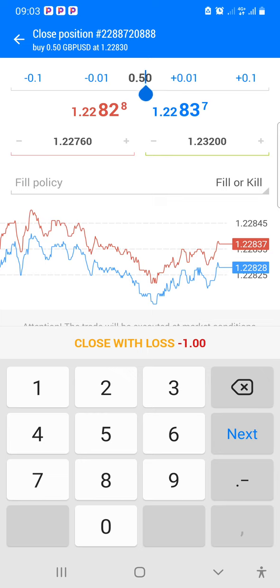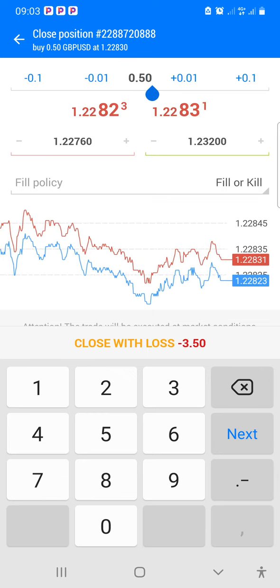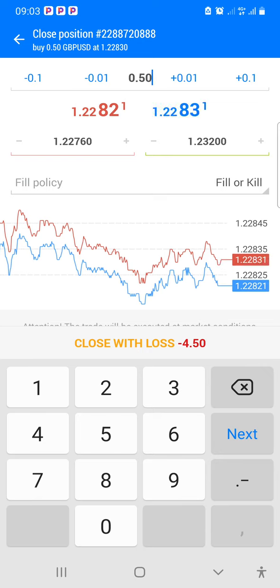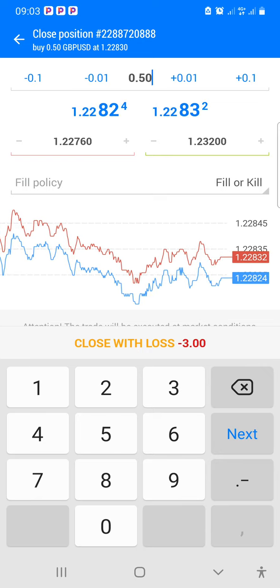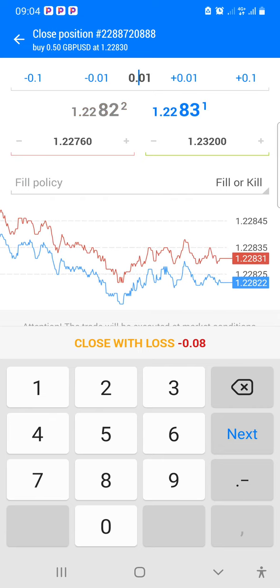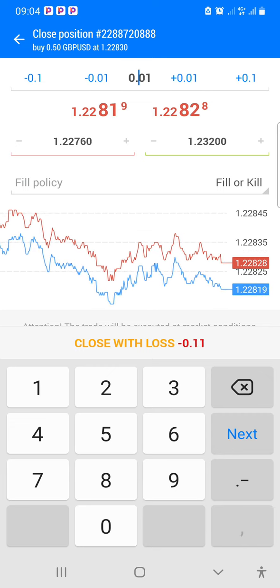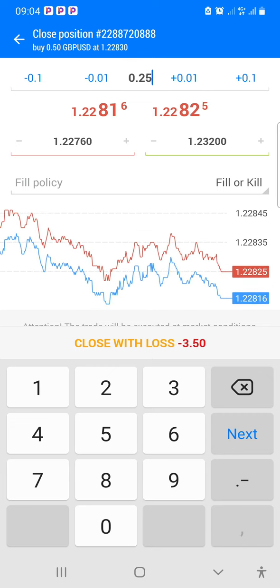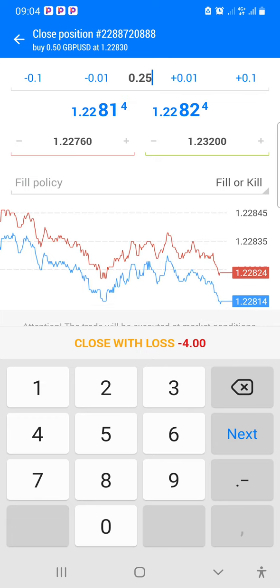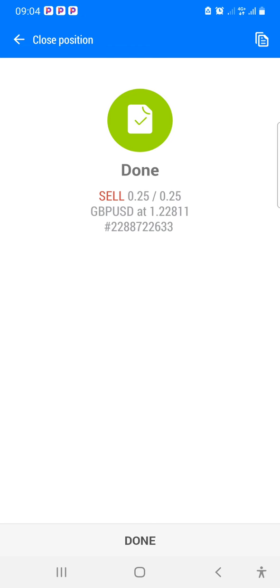Let's say you want to close it by 30%, which means you want to close 30% of your current trade. If you want to close 50%, that's 0.25. You close it, so 0.25.